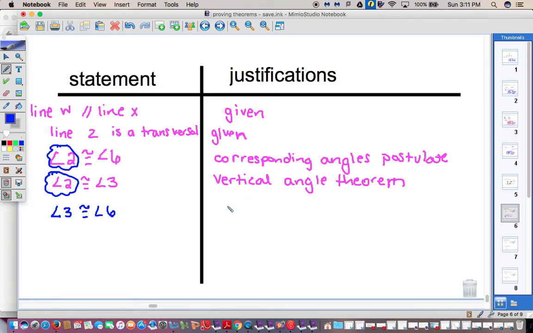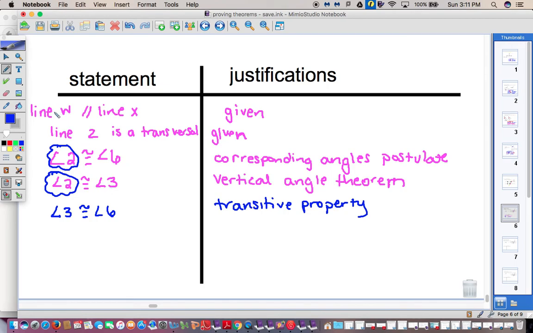Actually, if I've been saying the measures, I apologize, guys. We're saying that angle 3 is congruent to angle 6, and we can say that by the transitive property. We're strictly talking about congruence and angles being congruent, so we're not talking about the measures being equal here.